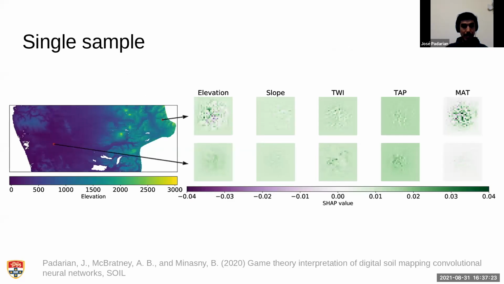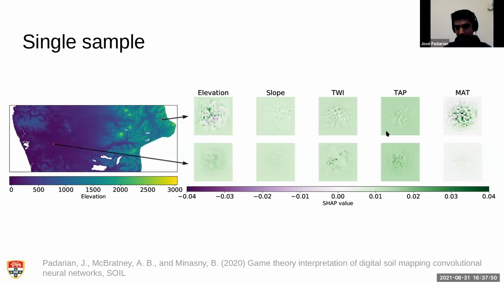This is in Chile as well, the same example that I showed you before, and this is an example of the interpretation that we can get. For any single location, here on the left we have an observation in a valley, in a relatively low area, versus another observation on the right, which is in the Andes, higher in the mountains.